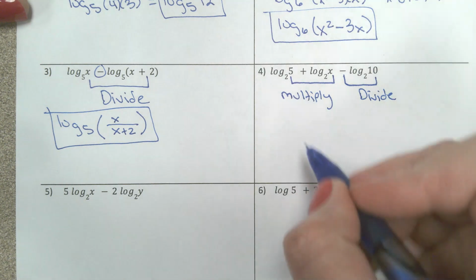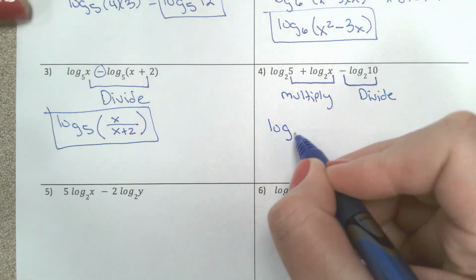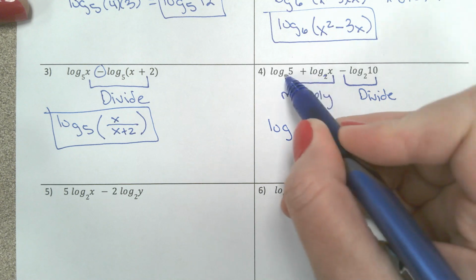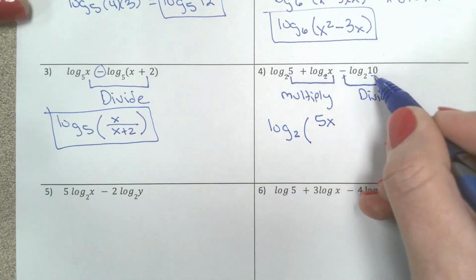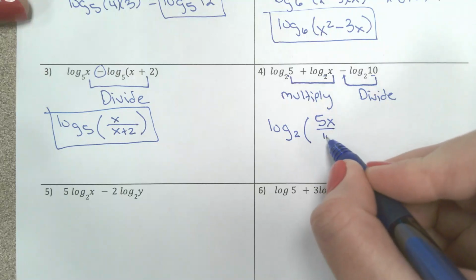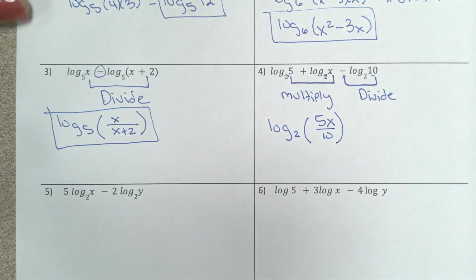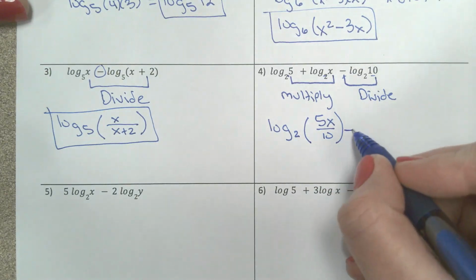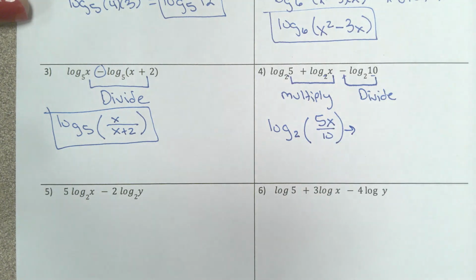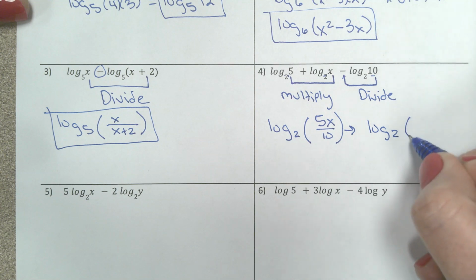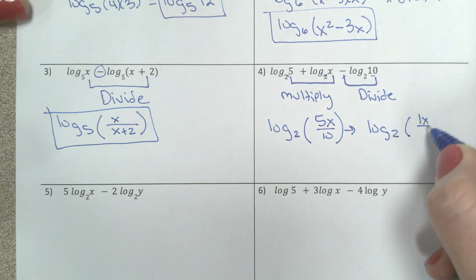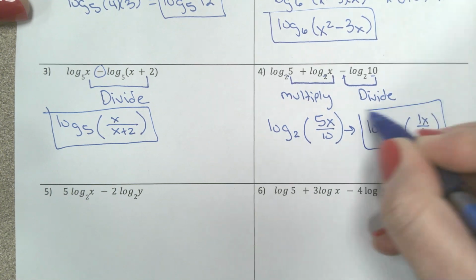So here's what it looks like when you are able to do it all at once. The 5 and the x multiply to become 5x. That minus 10 right there means your 10 is the denominator of the fraction. I have 5x over 10. I would probably go ahead and reduce that. I have log base 2 of 1x over 2.